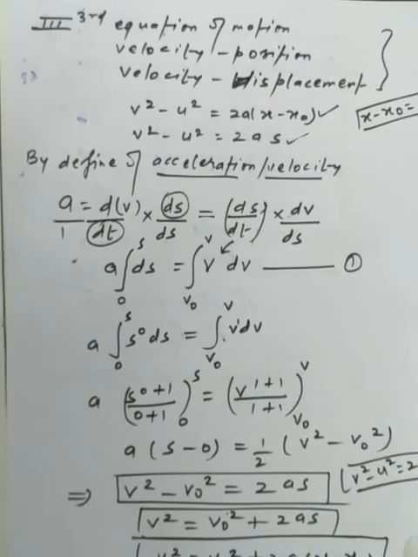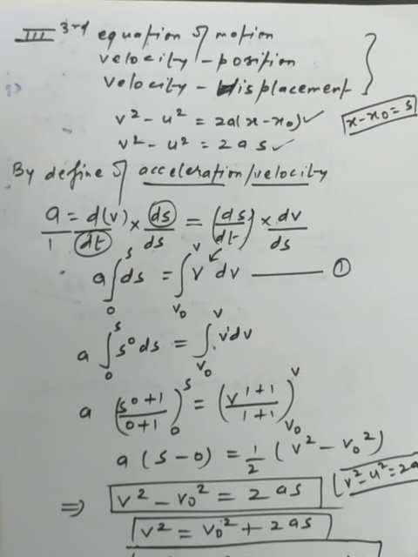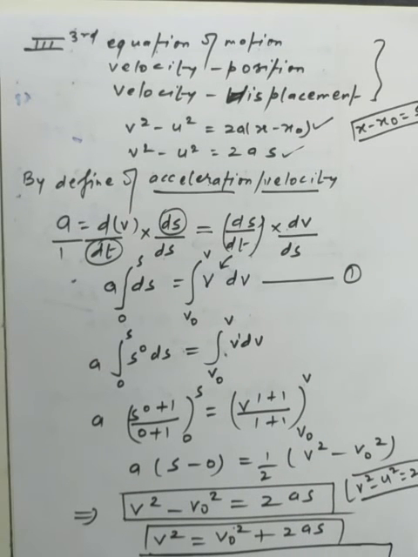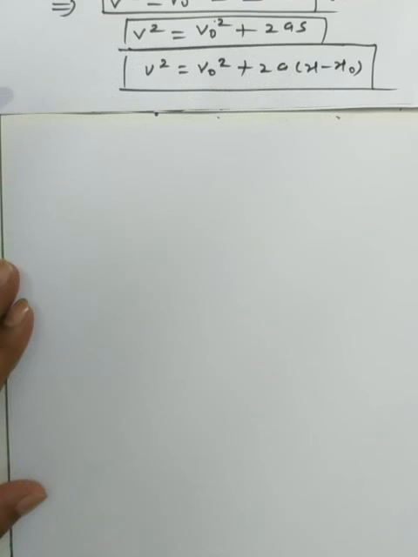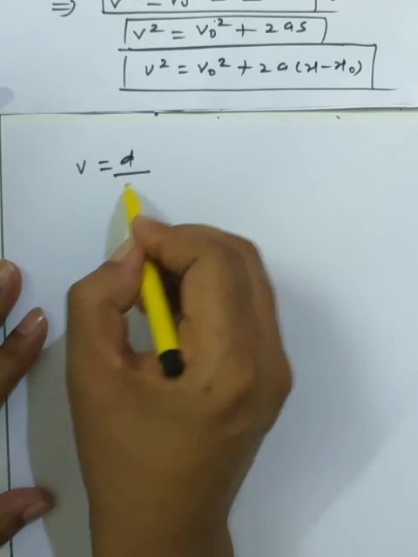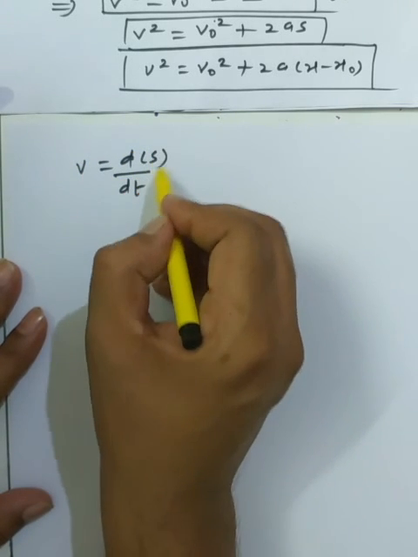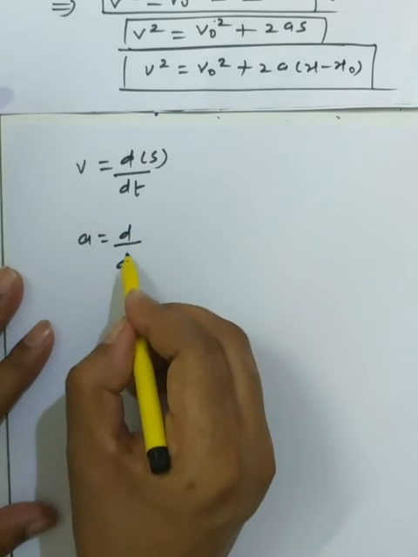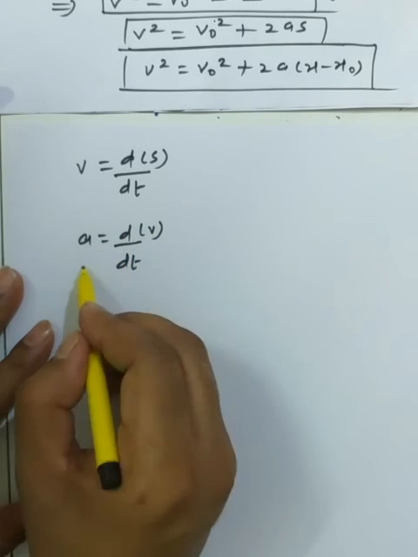So here we have the three equations of motion by integral calculus. Already I have discussed that whenever we take the first derivative of the displacement, we get the velocity, and when we take the first derivative of the velocity, we get the acceleration.